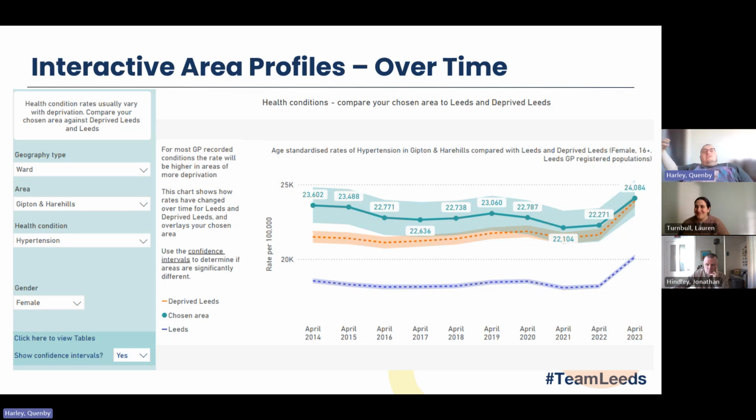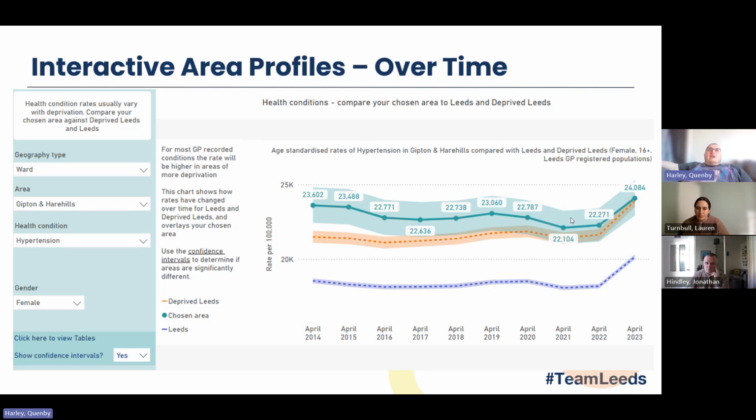If we're seeing the rate is dropping very rapidly in one area where it's not dropping very rapidly in Leeds as a whole, that might tell us maybe there's an intervention in that area which is being really successful, which we should look to duplicate. Or maybe there's some big changes in the population demographics or whatever.